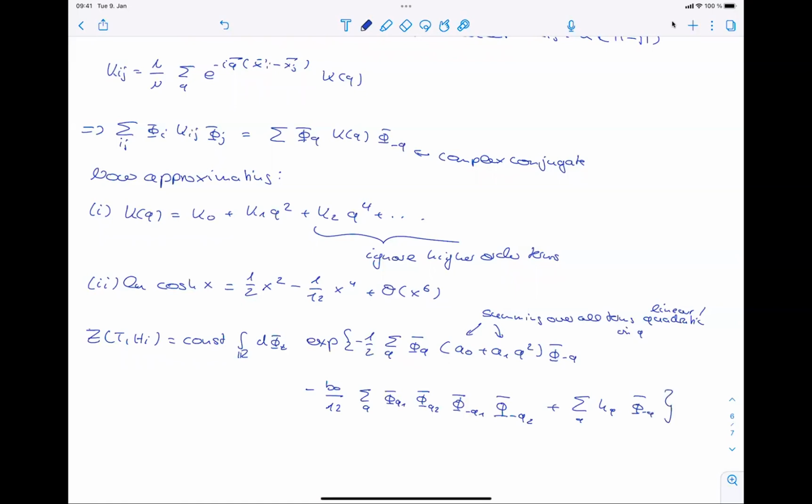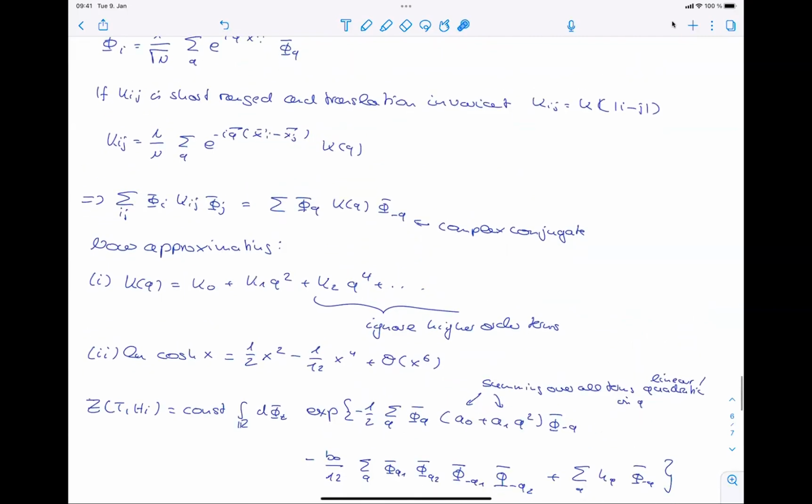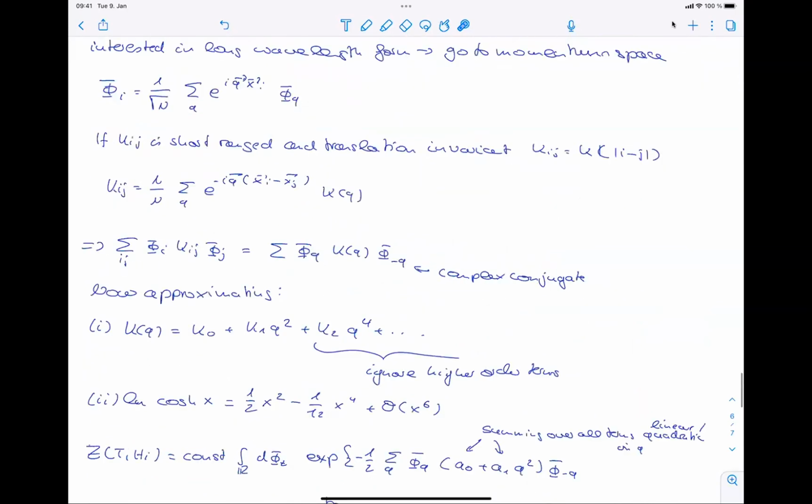Okay, so why did I change variables here? Because you see that also if we expand this term, we get a quadratic term, right? The half q's x squared.